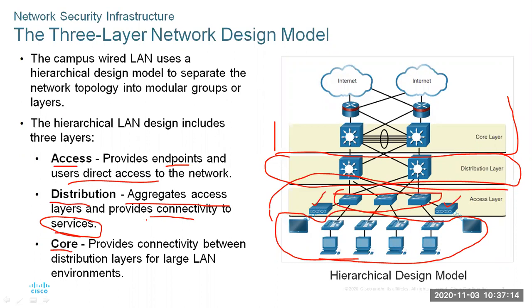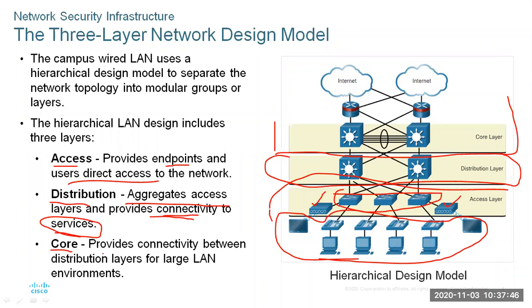You can have DNS, it's a service. You can have a web server, Apache, that's a web server, it's a service. You can have eGranary, it's a service. You can have so many services that the end devices might wish to access. So the distribution layer provides connectivity to these services.